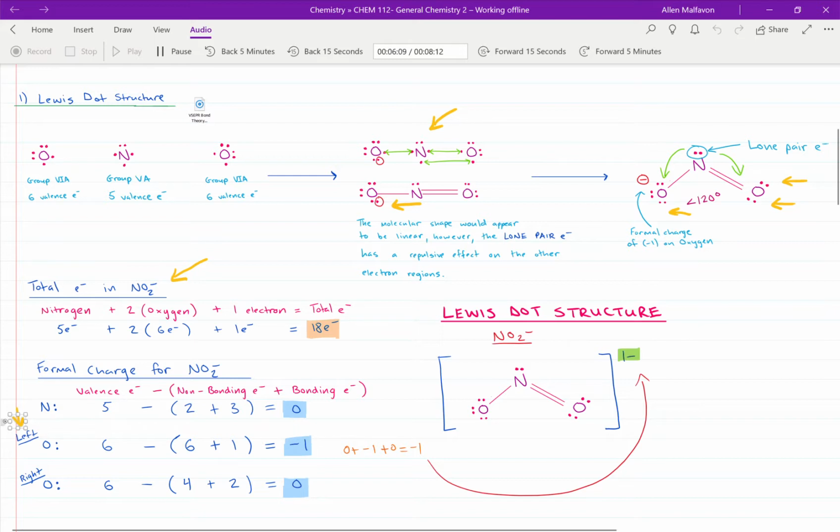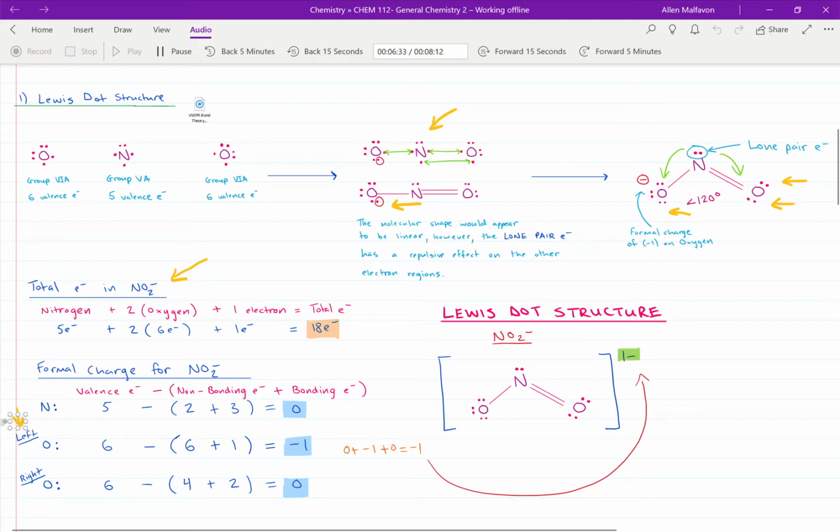If we first do a preliminary drawing of nitrite, we might assume that it should be linear because of the bonds formed, and it kind of does look that way. But we know that the lone pair-bonding pair repulsion would be greater than the bonding pair repulsion between the oxygen atoms.